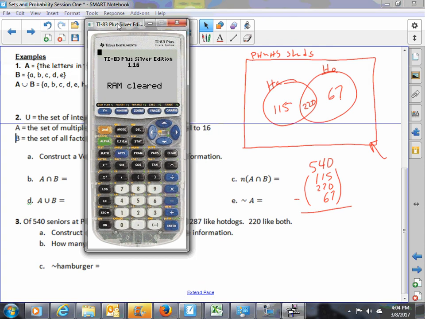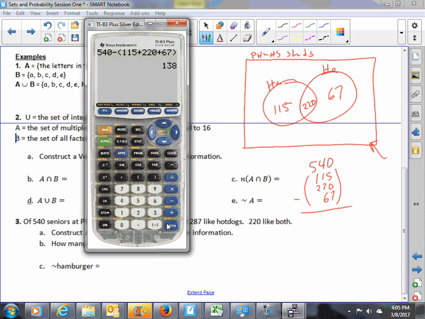And I'm back. So now we have 540 minus, in parentheses, 115 plus 220 plus 67, and we get 138. So there would be 138 students down in this particular section right here.